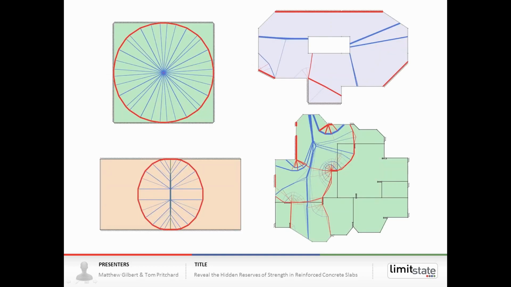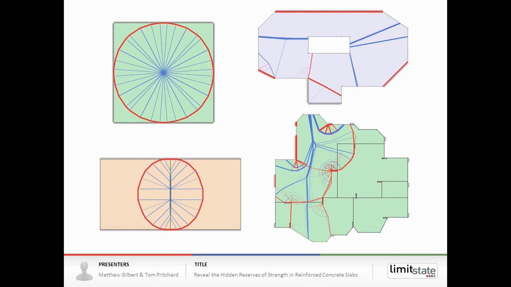Okay, so the first slide I'm going to show just gives you an indication of the difference between conventional yield line patterns that we might identify in textbooks or by hand, a couple of them shown on the left, and the yield line patterns that we can identify for real-world complex slab configurations.